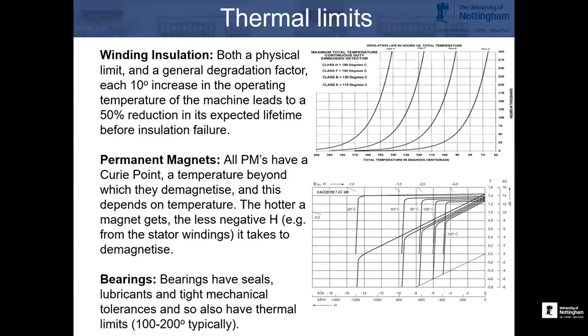So bearings also have similar thermal limits. So all of these set the operating temperatures we have in machines, but they also mean that we have to care about various points in the machine. We can't just look at the overall thermal side, we need to look at thermal behaviours at various points on the shaft, in the bearings, in the magnets.